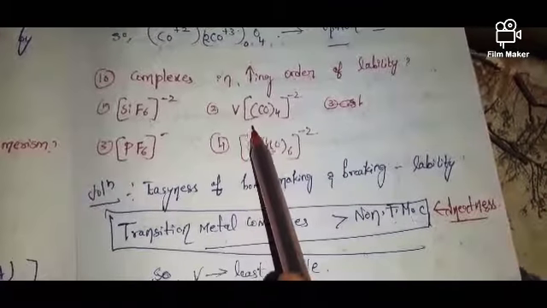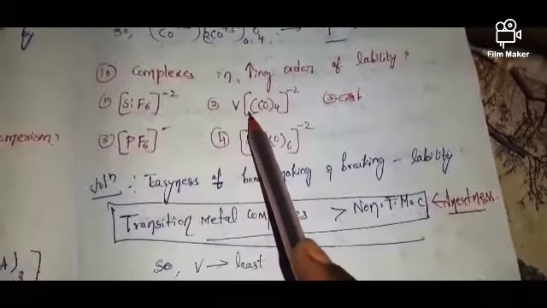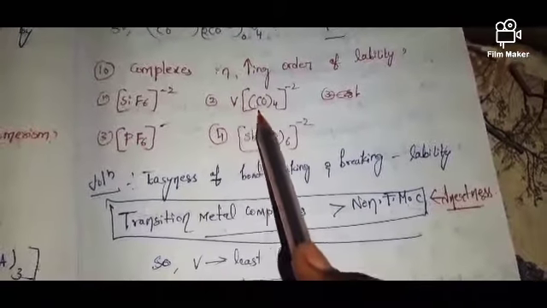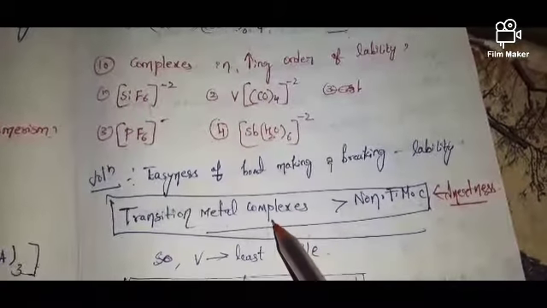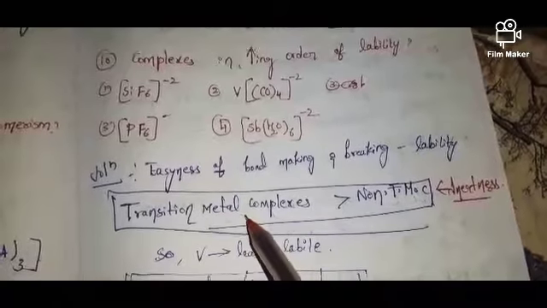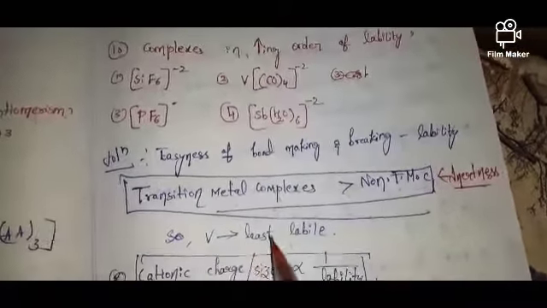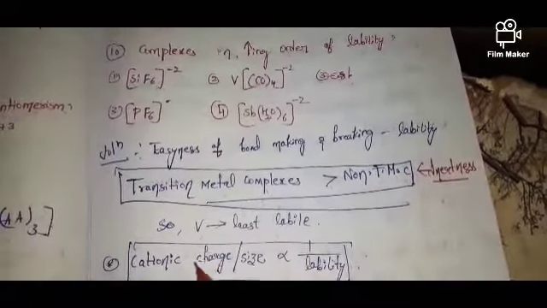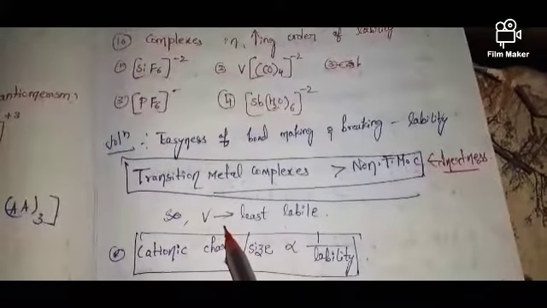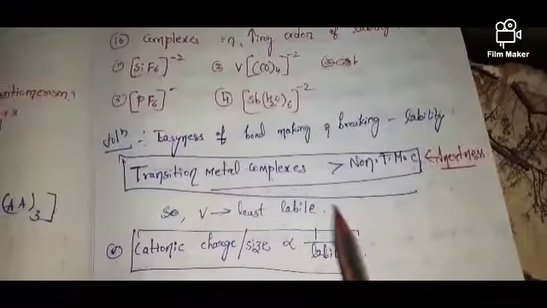Transition metal complexes are more inert compared to non-transition metal complexes. Here we have silicon, vanadium, phosphorus, and antimony. Scandium, titanium, vanadium are transition metals. Transition metal complexes are more inert, and more inert means least labile. So vanadium is least labile, and we get vanadium at the last.